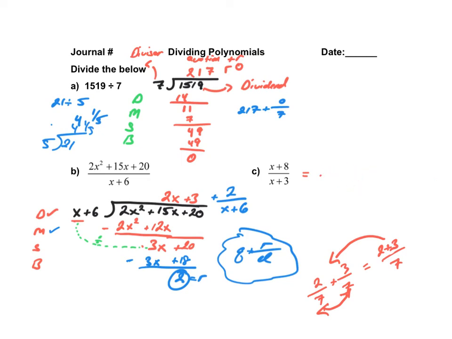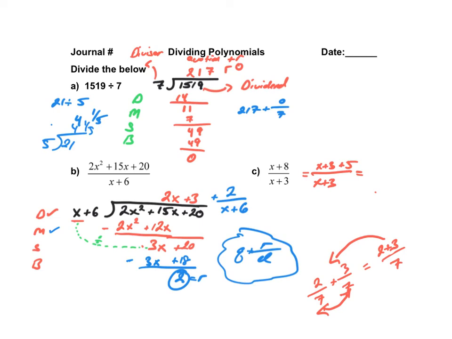So if you have neat notes, don't erase it. I didn't make any mistakes. I just want to make sure it fits all on this page. So I'm going to write that as x plus 3 plus 5 over x plus 3. And now what I can do is I can split it, just like I did down below with this fraction.